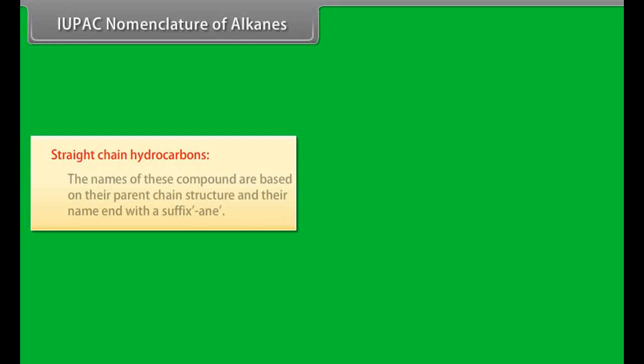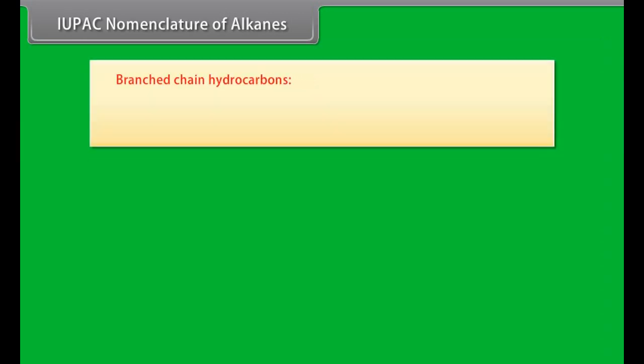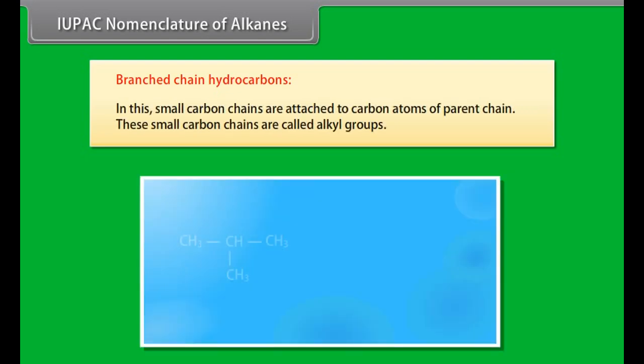IUPAC nomenclature of alkanes. Straight chain hydrocarbons. The names of these compounds are based on their parent chain structure and their name ends with the suffix -ane. Branched chain hydrocarbons. In this, small carbon chains are attached to carbon atoms of the parent chain.